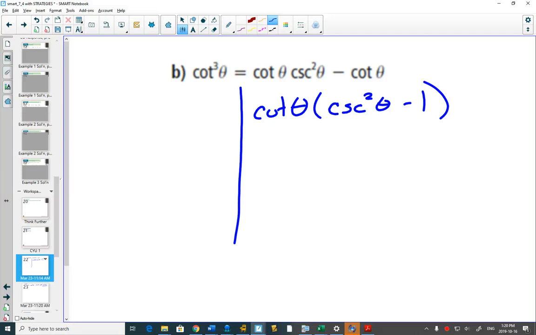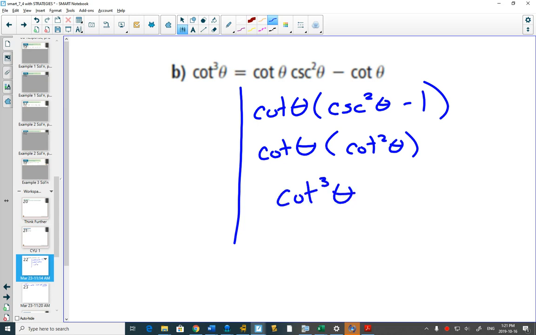If you can see that, we have cosecant squared theta minus 1 here. That means we can directly change that to cotangent squared theta. And we get, we finish our proof.